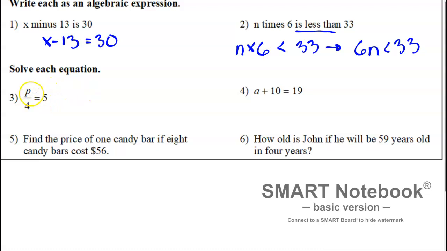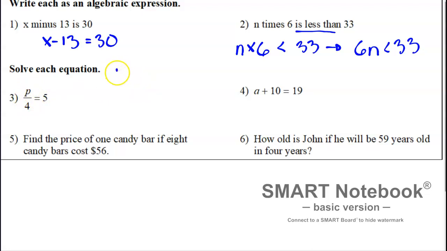When you look at an algebraic equation like this, since there's an equal sign, you have to look at the problem and say, hey, p is being divided by 4 and that equals 5. Now to solve, that means you have to get that variable all by itself, okay?